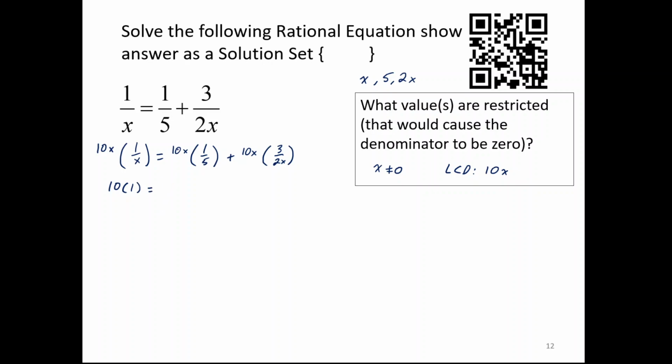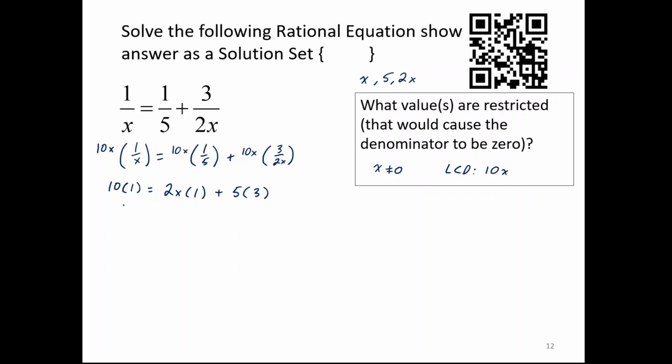On the right-hand side, 10x multiplied by 1/5, 10 divided by 5 is 2, so this simplifies to 2x times 1, that's our numerator, plus our second term, 10x multiplied by 3 divided by 2x. 10x divided by 2x will be 5, so this becomes plus 5 multiplied by 3. So our new equation is 10 times 1 equals 2x times 1 plus 5 times 3.